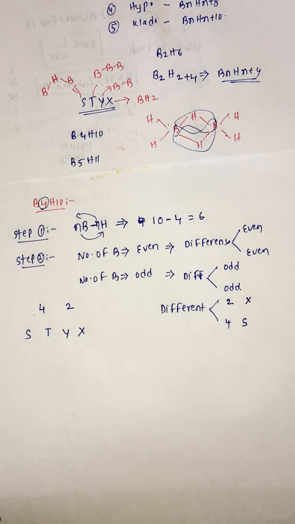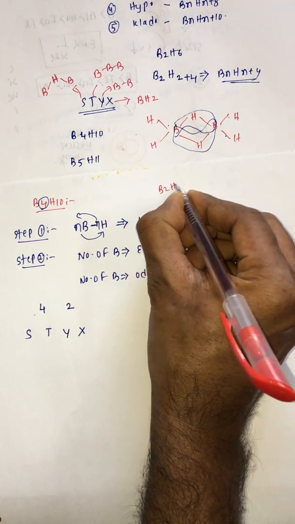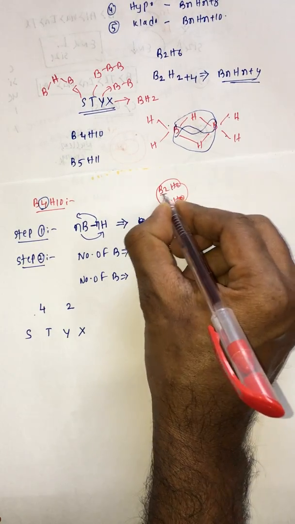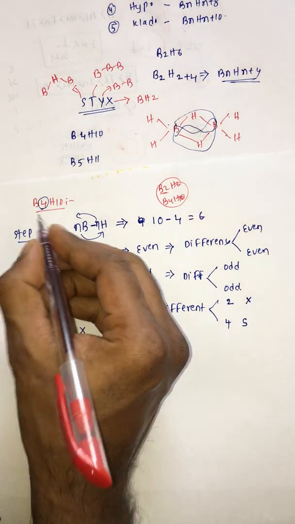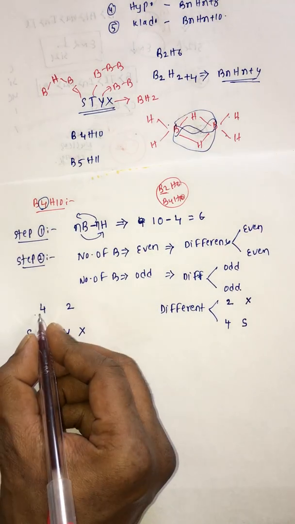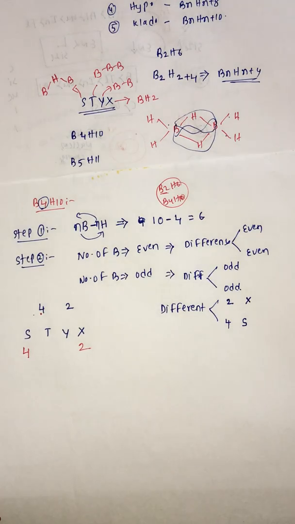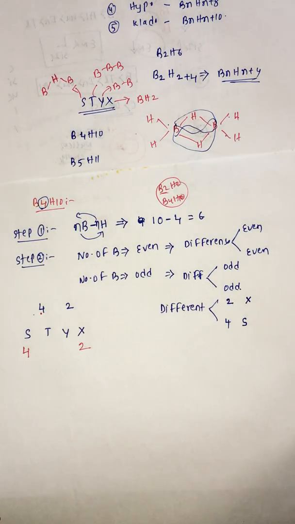Always remember, mostly for lower boranes like B2H6 and B4H10, the number of borons equals the number of BHB bonds, for these 2 cases. The number of borons here is 4, so S will be 4 and X will be 2. You can check this in the structure also. If you see the structure of B4H10, you will have 4 BHB bonds.